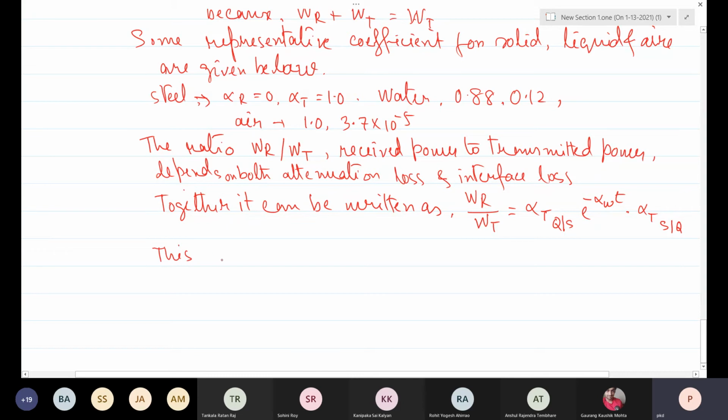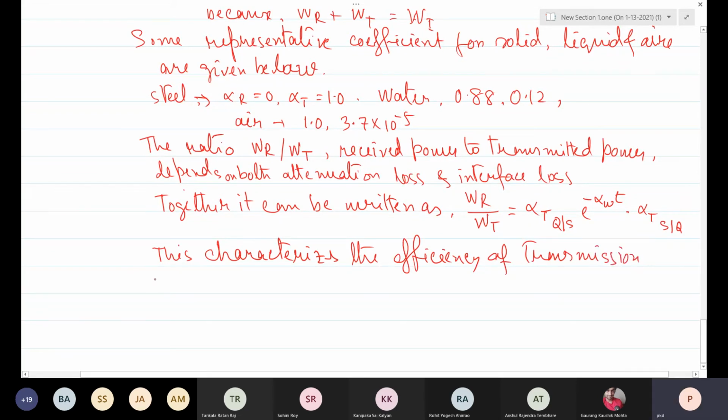This characterizes the efficiency of transmission through multiple media.